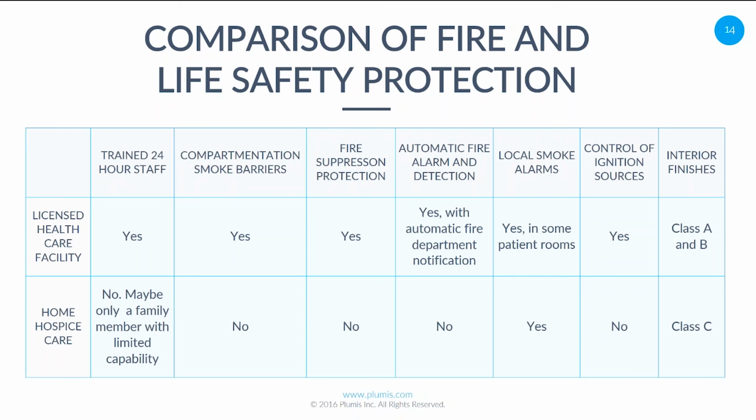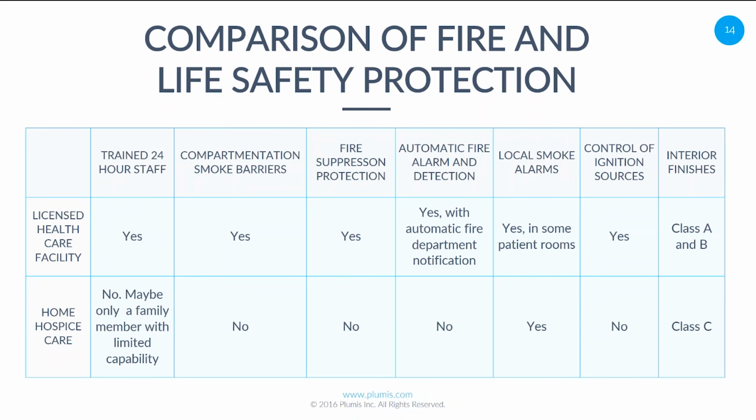And the last factor that we wanted to look at in comparison was that of interior finishes. With the fire dynamics, the fire behavior, we know that the interior finish, what's present on the walls and the ceilings, can be a major contributing factor to the behavior of the fire. In the licensed healthcare facility, those are typically limited to Class A and B, the better materials.